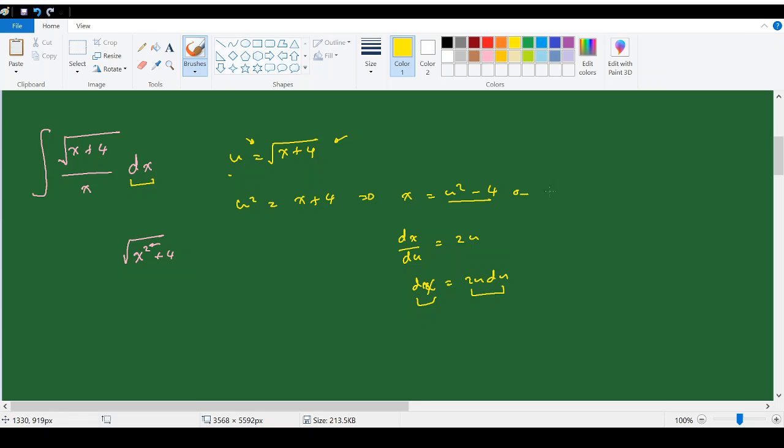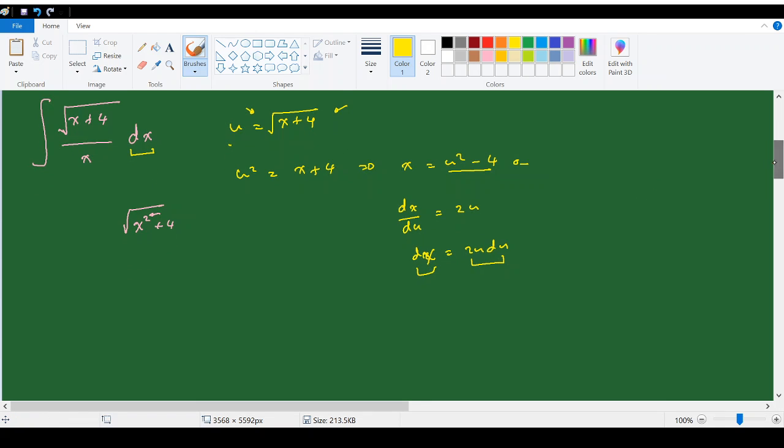Now see what will happen when we substitute u squared minus 4 in place of x.